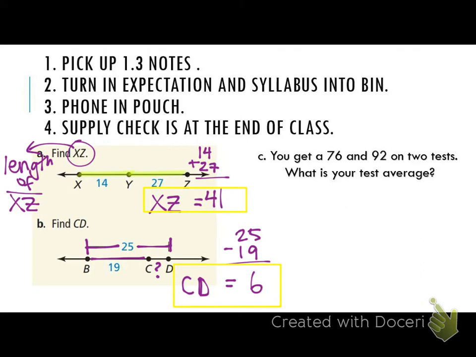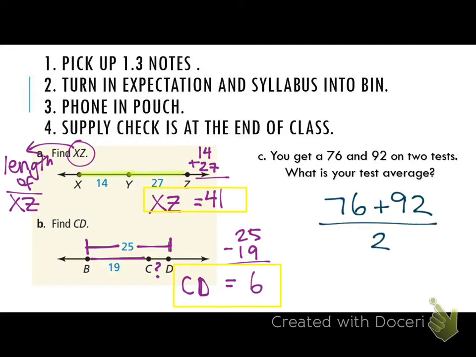All right, letter C. Why are we going to do this? What is the name of today's notes, today's lesson? Midpoint distance. Today we're going to talk about midpoints, and in order to find the midpoint, you're going to find the middle, right? How do you find the middle between two numbers? Add them and divide by 2, which is the same thing as averaging. So if you got a 76 and a 92 on 2 tests, you would add them, right?